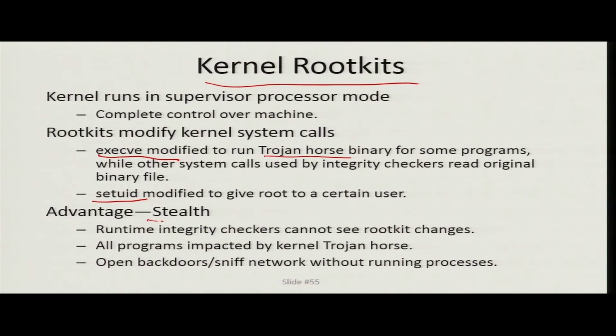So the stealth provided by this rootkit actually compromises file integrity checkers. All programs can be impacted by Trojans, and this might open a backdoor or sniff network traffic on your machine and so on.